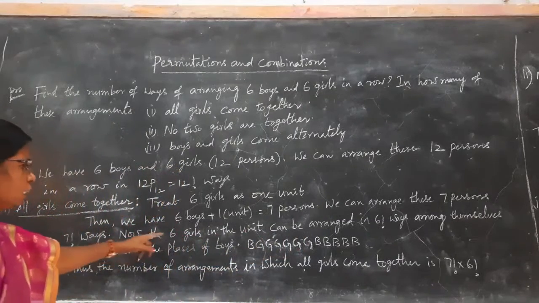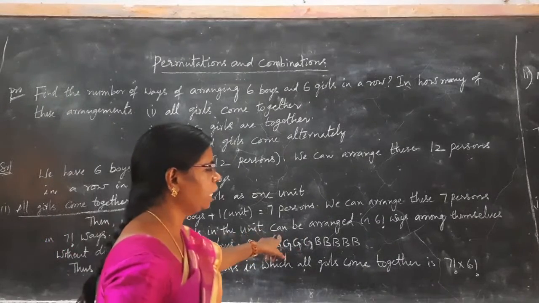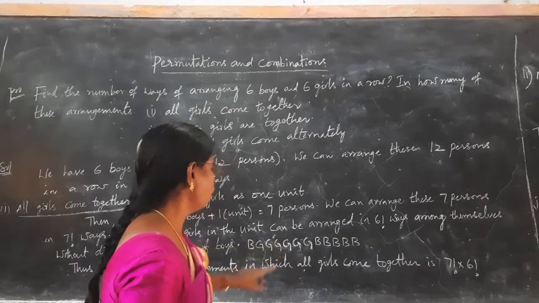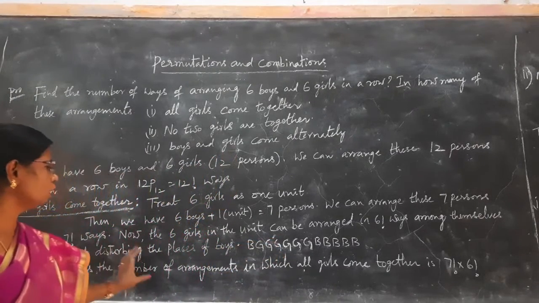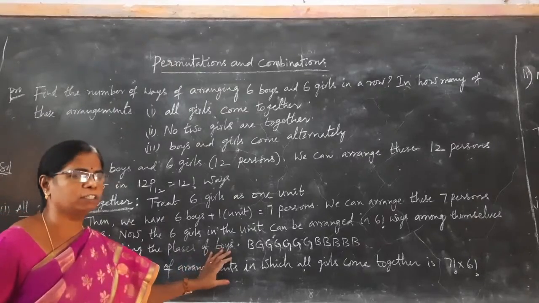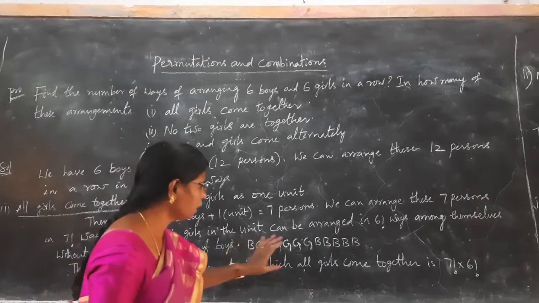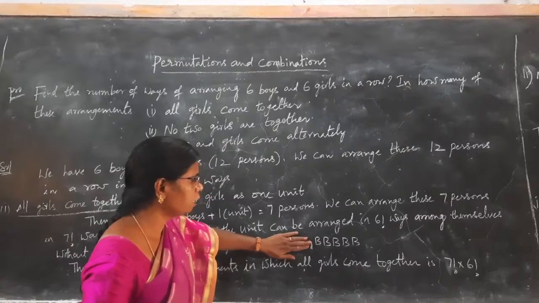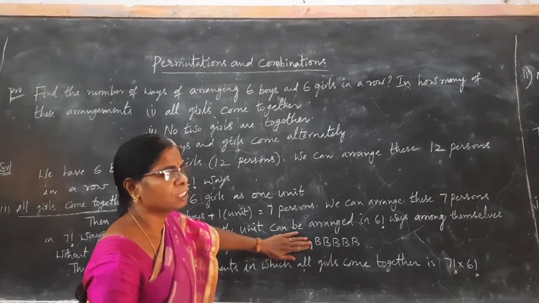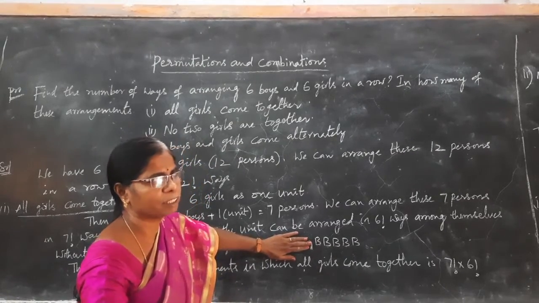Now the 6 girls in the unit can be arranged in 6 factorial ways among themselves without disturbing the places of boys. Okay, first the boys and the girls unit, how many in total? 7 persons were arranged in 7 factorial ways.